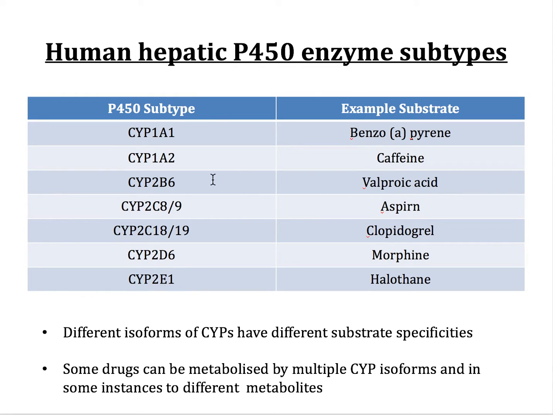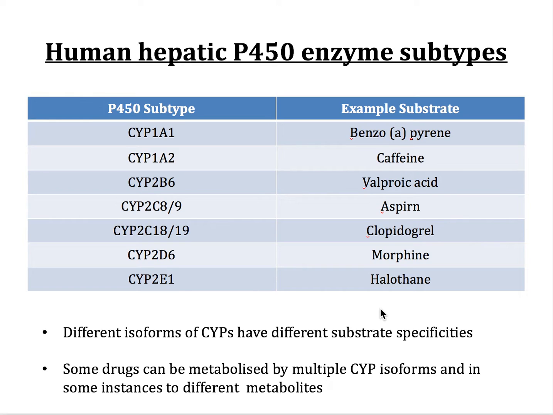So you've got cytochrome P450 1A1, 1A2, 2B6, 2D6, and various different ones. 2D6 is involved with morphine oxidation, whereas 2C18/19 is involved with clopidogrel, which is also referred to as Plavix in terms of the brand name. And this is usually given to patients who have just undergone an angioplasty or having a stent put inside one of their arteries due to atherosclerosis.